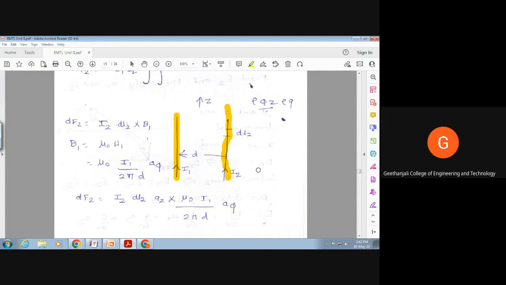Now will there be an attractive force between the two current carrying conductors, or will there be a repulsive force? If you look at the situation, let B1 be the magnetic flux density created by the first conductor carrying a current of I1. B1 is the flux density at this particular point where dl2 is defined.